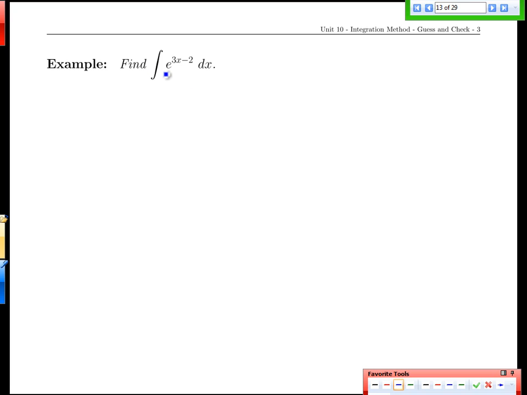What about e to the 3x minus 2 if we integrate that? Let's do the same technique. Our basic guess would be that while I differentiate exponentials, I get the same exponentials back. So we might expect that that would be our integral, maybe with a plus c, and that's our integration. And then we're going to check.